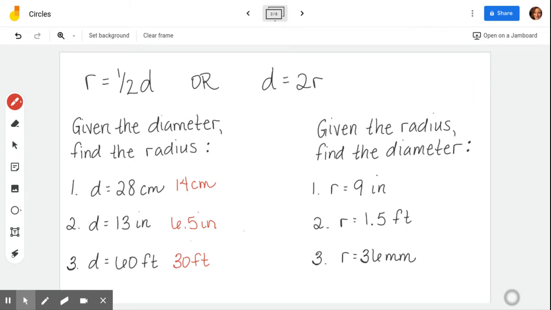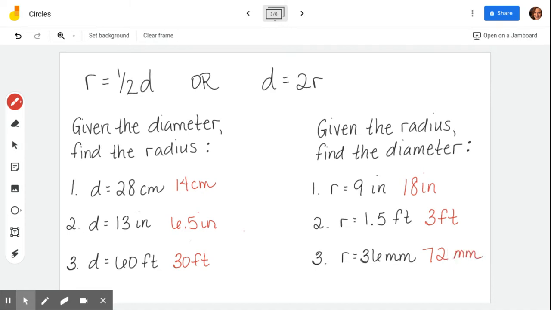Radii is the plural word for radius. 2 radii put together would equal 18. Number 2, if halfway across is 1.5, all the way across would be 3. I'm just doubling. If halfway across is 36, all the way across would be 72.